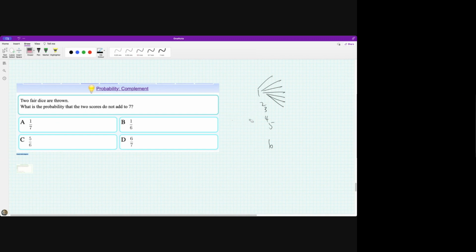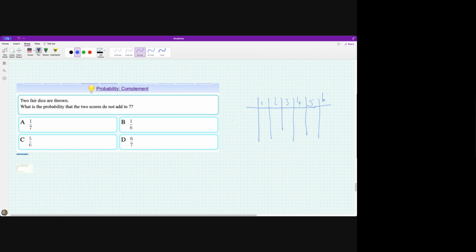So instead of using a tree diagram, we are going to use a table. And if I have a table and I'm throwing 2 different dice, on the top, I'm going to have 1, 2, 3, 4, 5, 6.